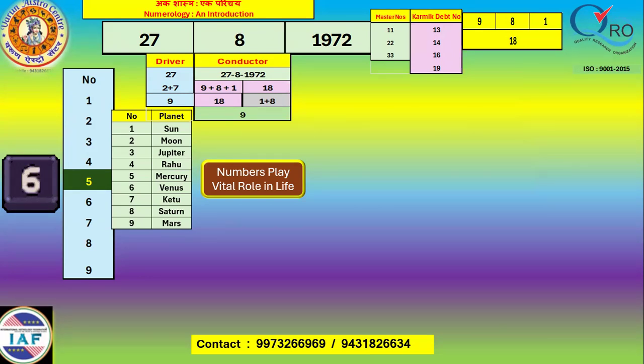And if it is 13, 14, 16, or 19, it is known as a karmic debt number, which has been carried from the past life. The master number is also carried from the past life, and it is gifted by God for good deeds. Karmic debt is the past life debt which we could not fulfill or in some way or other ignored.